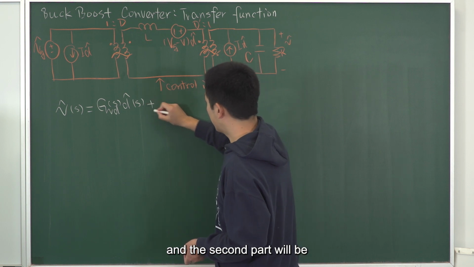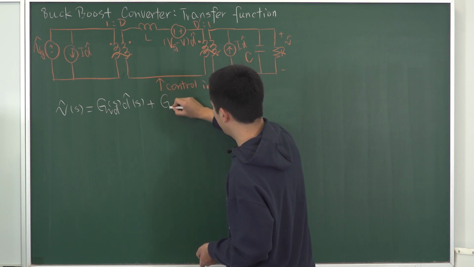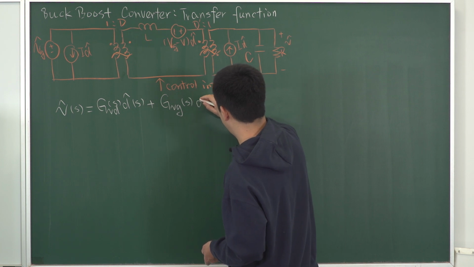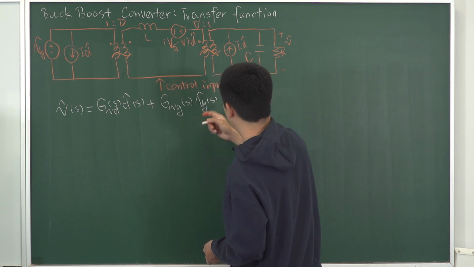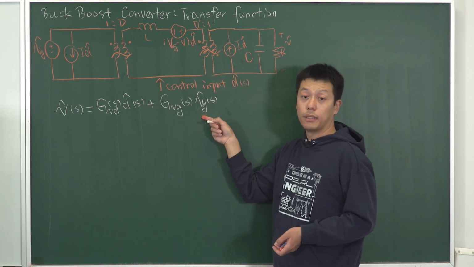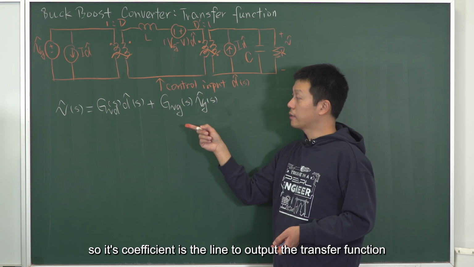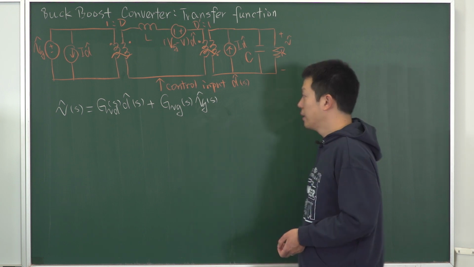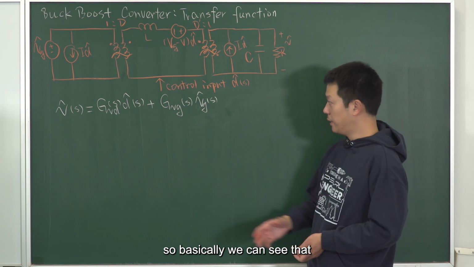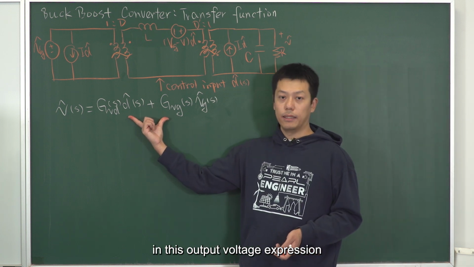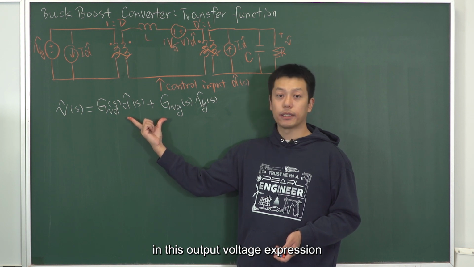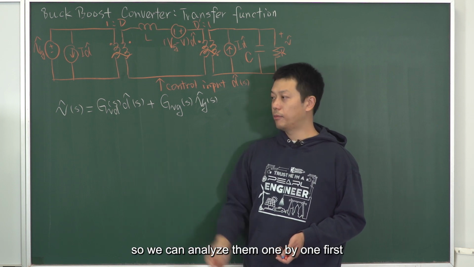The second part is the input voltage part, and its coefficient is the line-to-output transfer function. So basically, we have two transfer functions in this output voltage expression, and we can analyze them one by one.